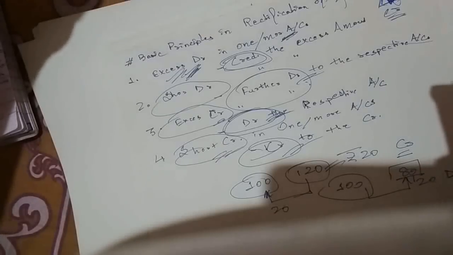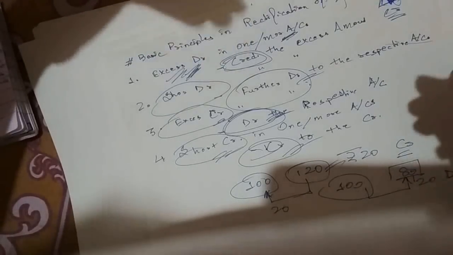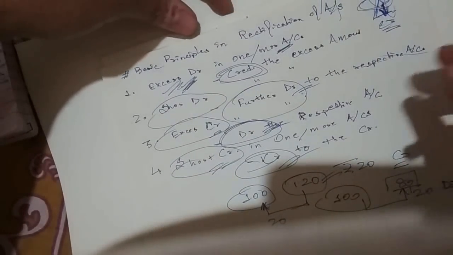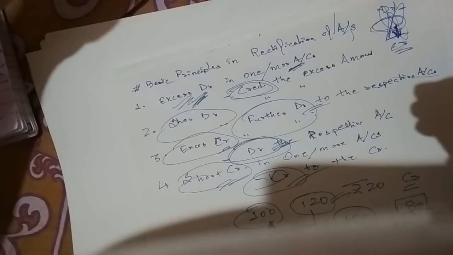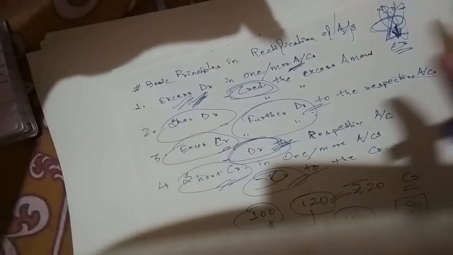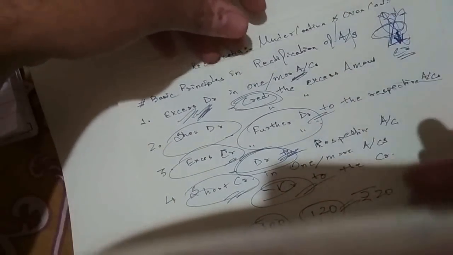Just after entering the exam, you have some time. When they give you the page, just write these rules sideways, or you can also write them just after the starting of the exam, because there is plenty of time. So you can utilize the time and write these rules so that they can easily be seen and used. So let's solve one question.